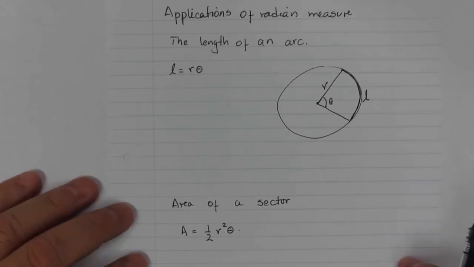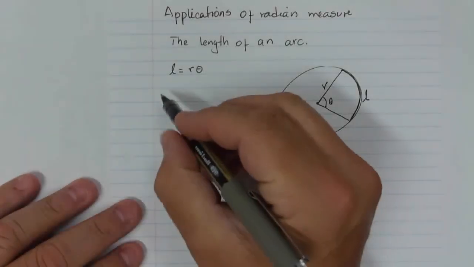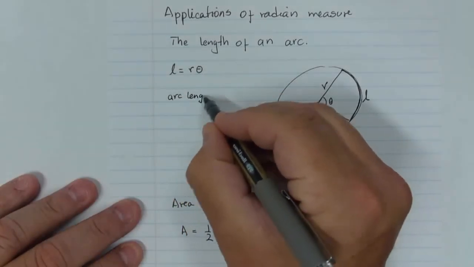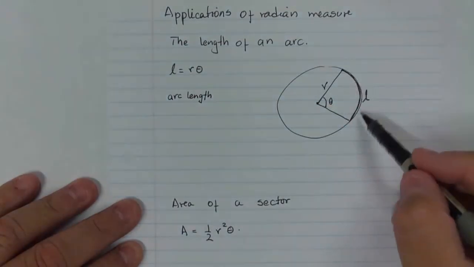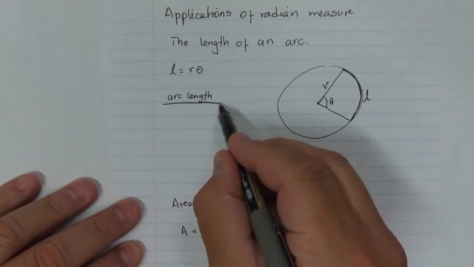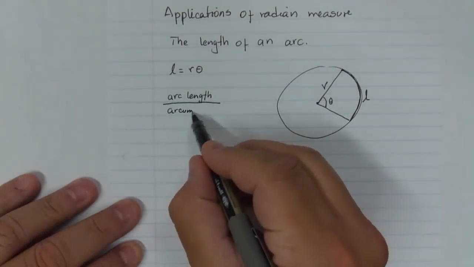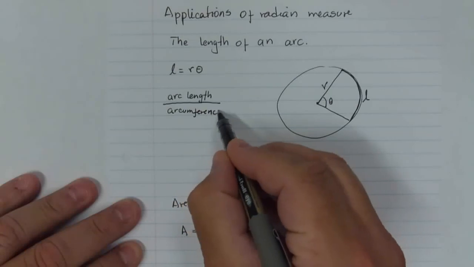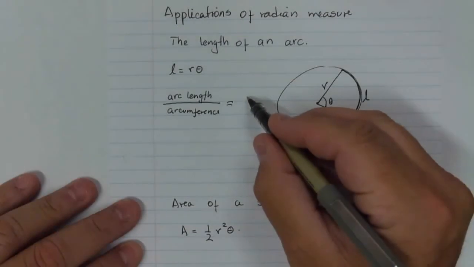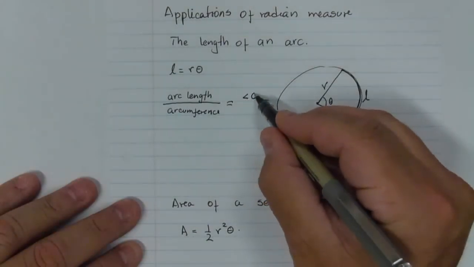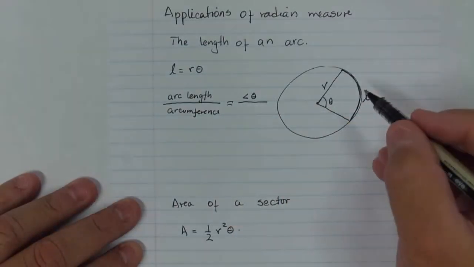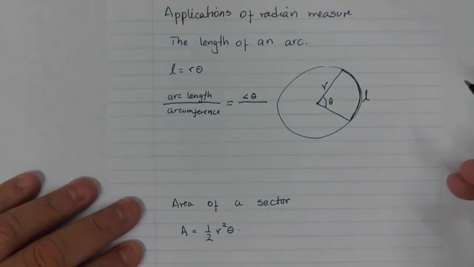So I'm going to say the ratio between the arc length, in other words the ratio between L and the whole circumference of the circle, is the same as the ratio between the angle theta and the whole revolution, 360 degrees, or 2 pi.